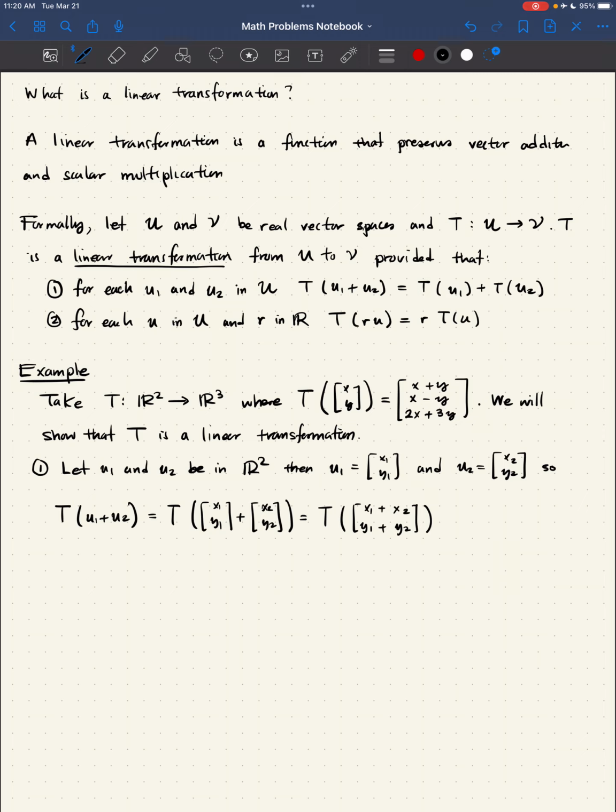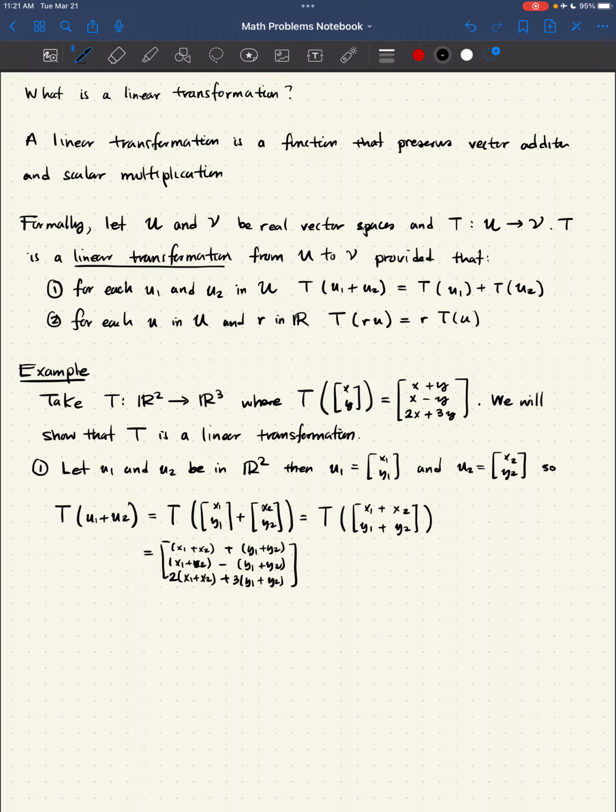By the definition, this is given by the following vector: x1 plus x2 plus y1 plus y2, then x1 plus x2 minus y1 plus y2, and then 2 times x1 plus x2 plus 3 times y1 plus y2.